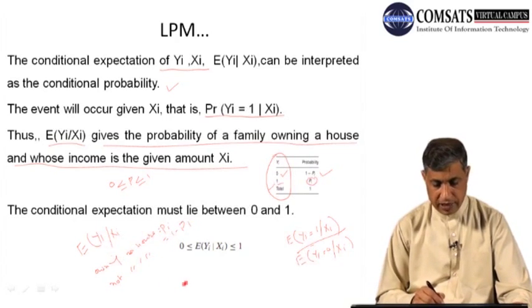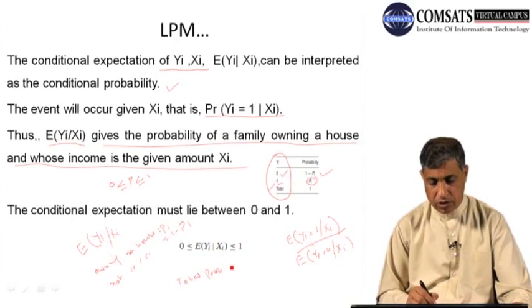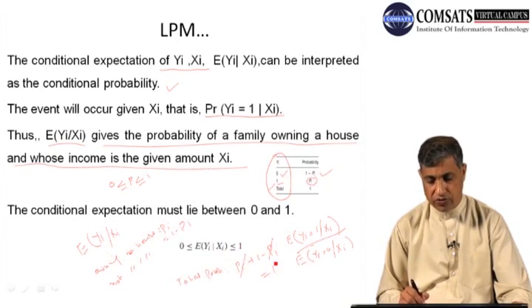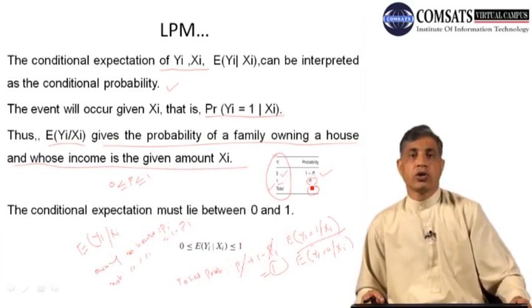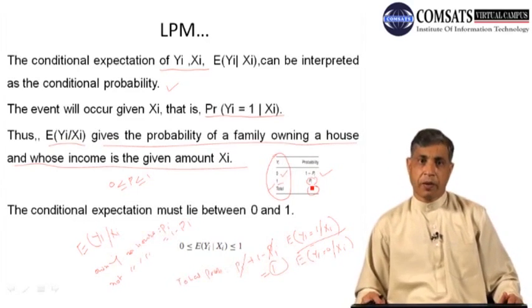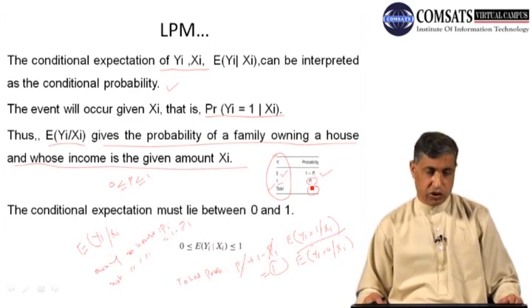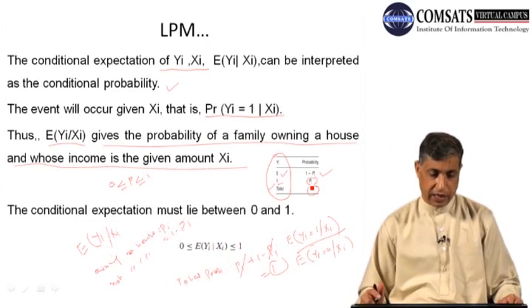And the total probability is pi plus 1 minus pi, and this will cancel out, so the total is 1. You can easily see that the total of simple probability always sums up to 1, or you can say 100.